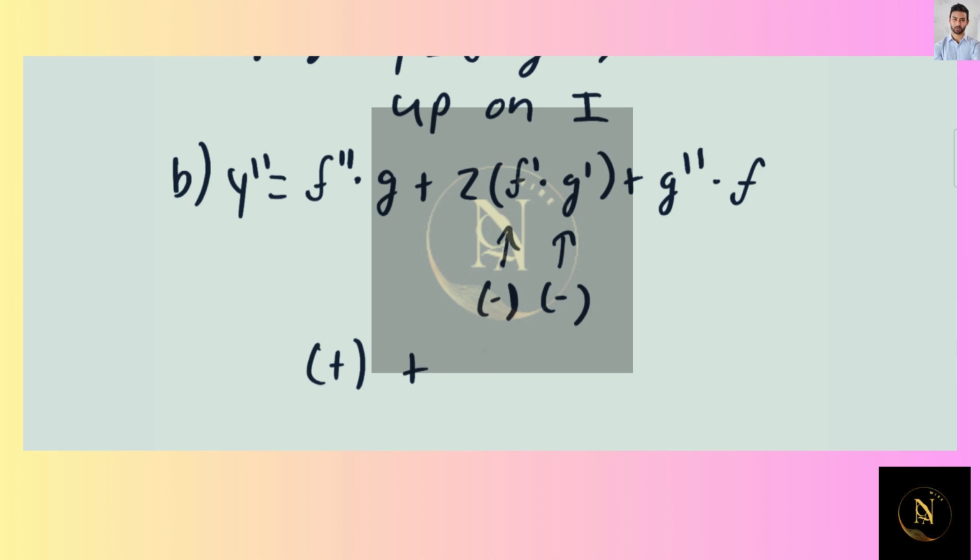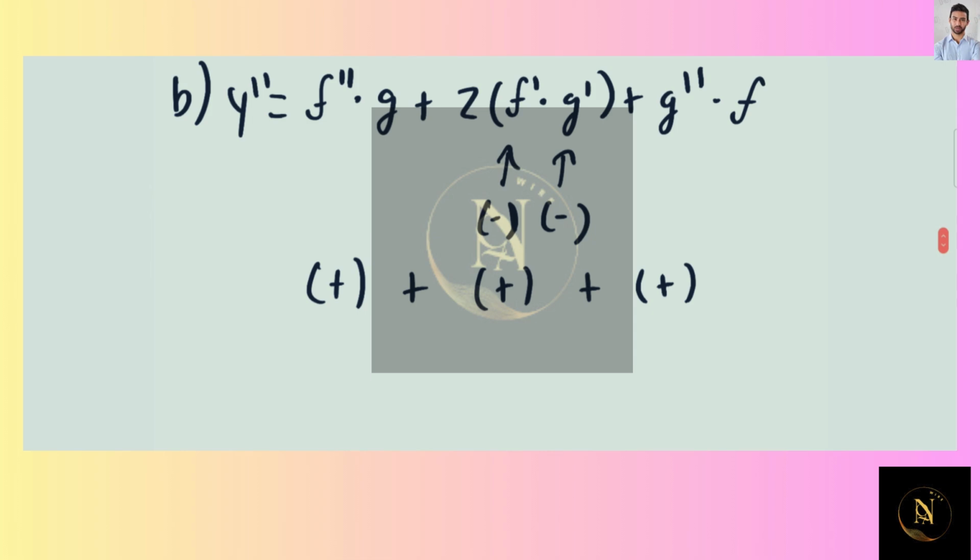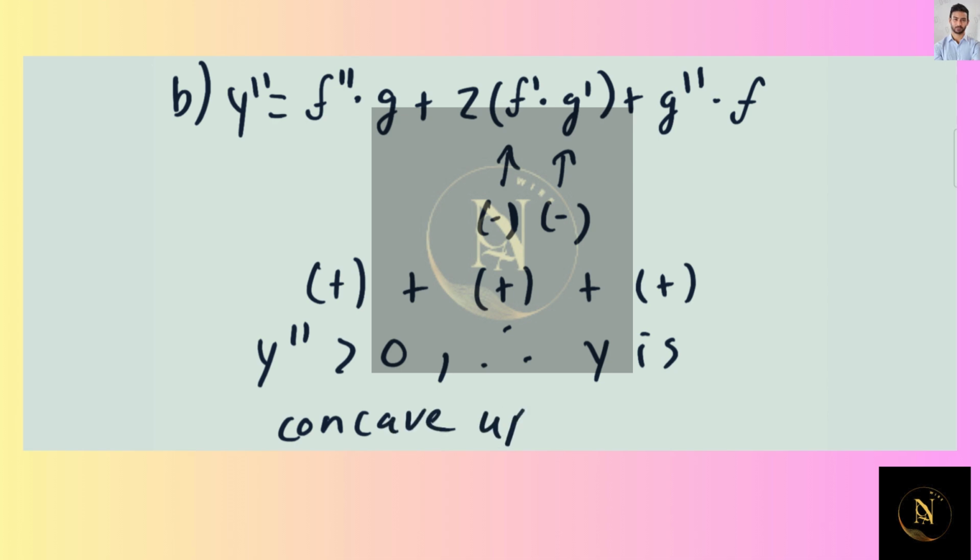The second term is also positive, since we have a negative times a negative, and the third term also doesn't change and is positive as well. So we have a positive plus a positive plus another positive, which is always going to be positive. So again, y double prime is greater than 0, which means that y is concave up on the interval I.